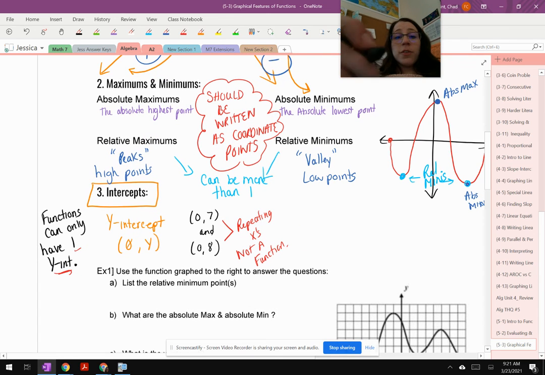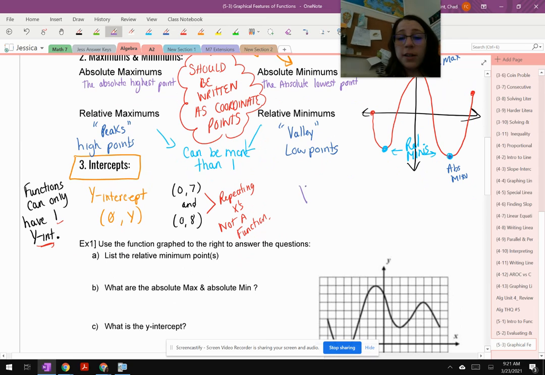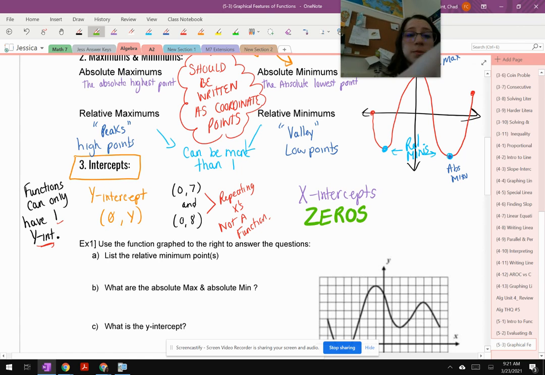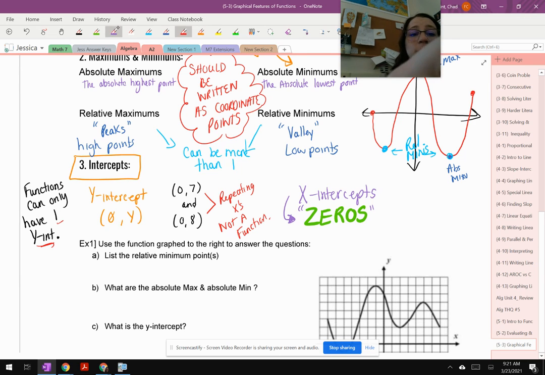So our other type of intercept, as we are regularly familiar with, are x-intercepts. And our x-intercepts have a new fancy name. Those x-intercepts are now called zeros. When we're talking about functions, there can be more than one x-intercept.